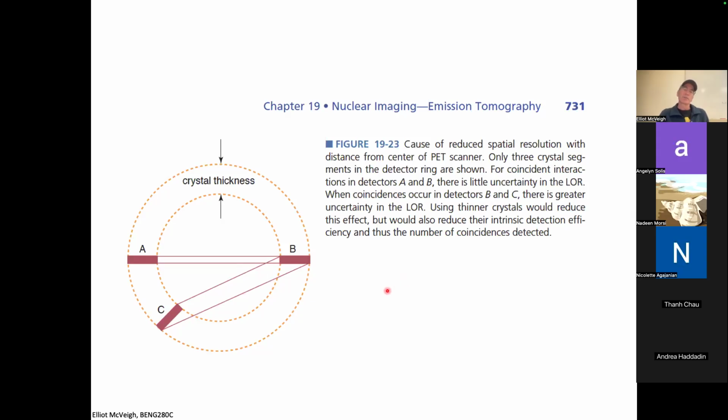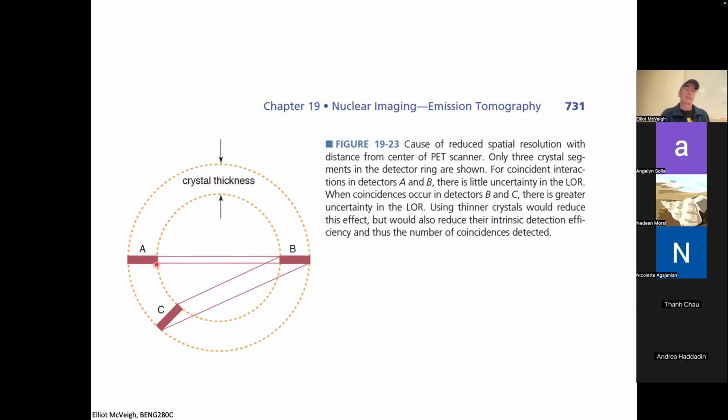So here's an exaggerated picture of why some of the lines of response will have lower resolution than others. If I have an event somewhere on this line of response here, the photons will go into detector A and detector B, and they're somewhere inside this width, which is the width of those two detectors, right? If it was over here, I could have an angle coming all the way up here and still hit this one down there.